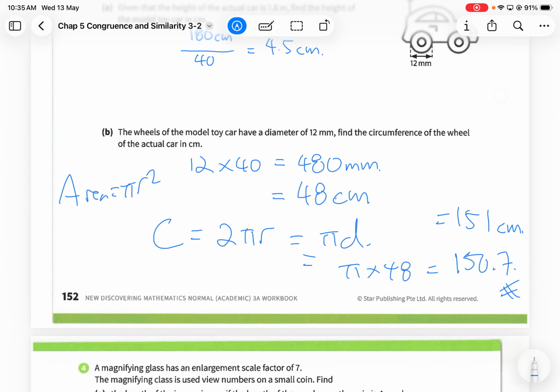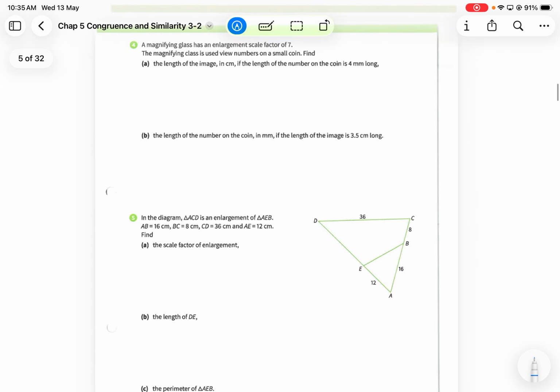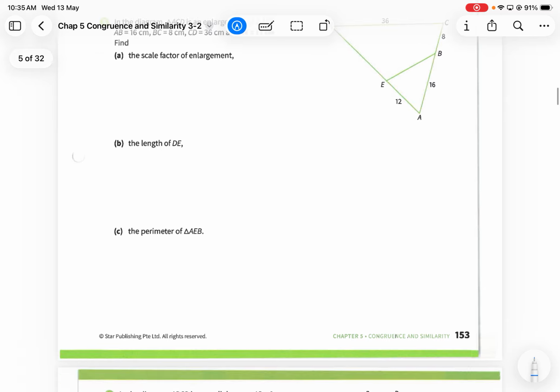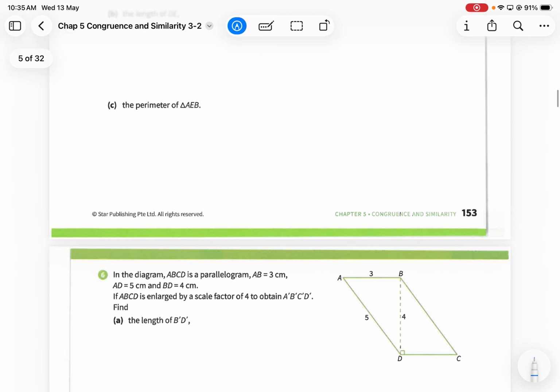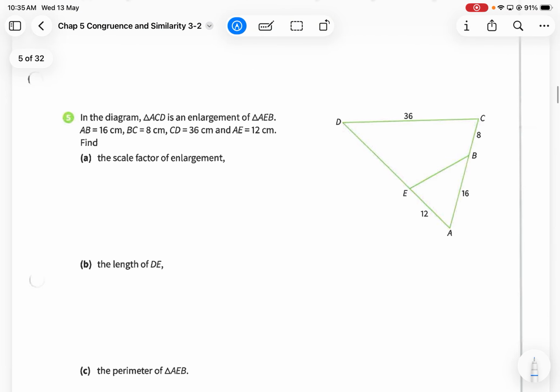Okay, follow so far? Okay. We do question 5 together. Later you all try the others.